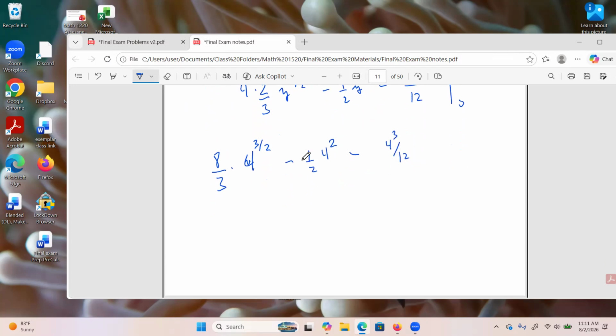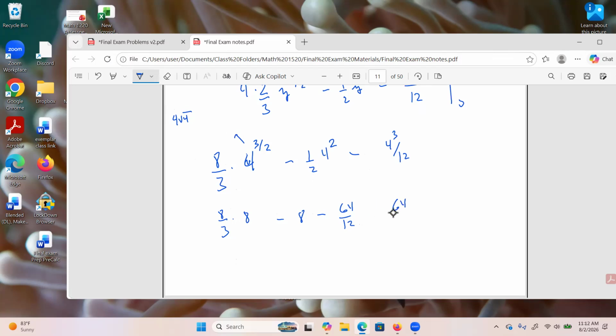Okay. So let's see here. We got 8/3. Another fancy way to write the 3/2 power is 4 root 4. Okay. So we could say this is going to be 4 times 2. That's going to be 8 minus half of 16 is going to be 8. And then we have minus 64 over 12. We could clean this up a little bit.